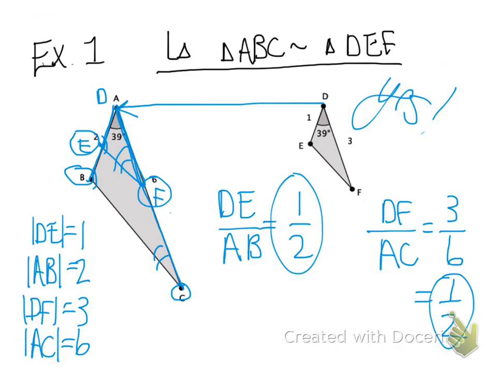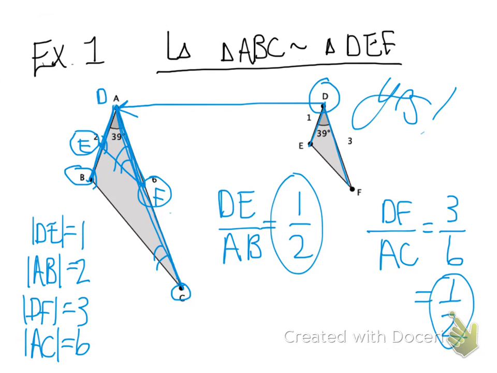So we've learned another way besides angles to tell if two triangles are similar, and that would be having one angle and having two pairs of corresponding sides in ratio according to a common scale factor.